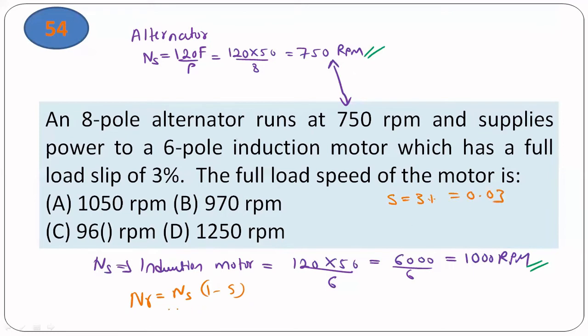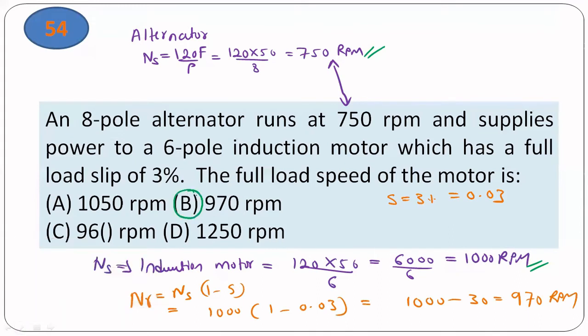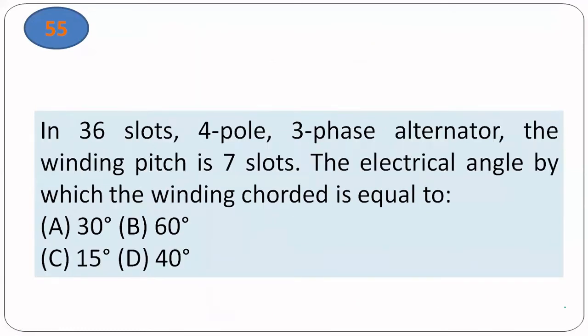Now if we apply this, it is 1000 into (1 minus 0.03). Okay, it will be basically 970 rpm, which is option B in this case, is the answer.